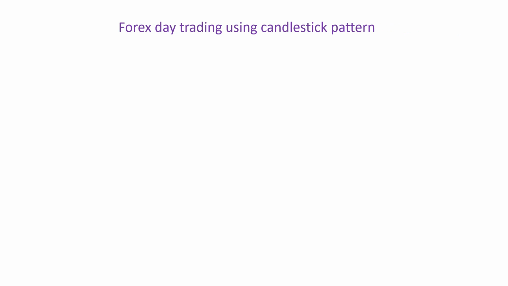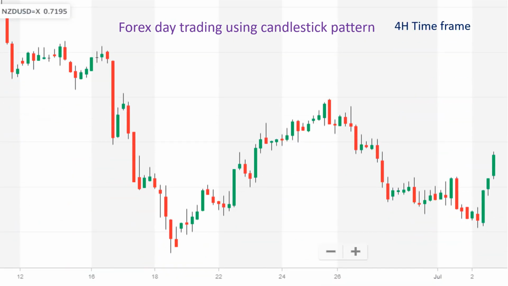Forex day trading using candlestick patterns. This is the price trend, New Zealand USD pair, 4H time frame. I installed a resistance level and also a support level. Now the trend is originally going downward and coming inside the range, bouncing between support and resistance, and finally breaks down the support and goes downward, has a little bit of pullback and sharply goes down.